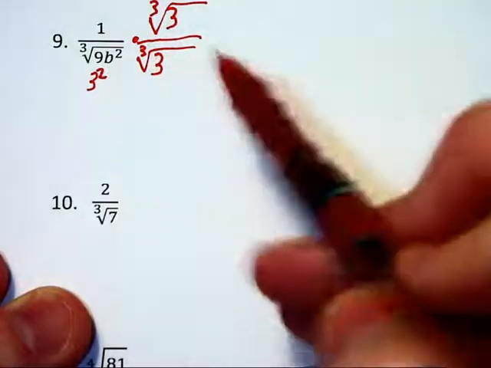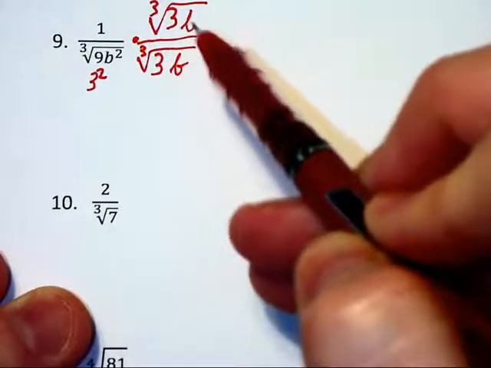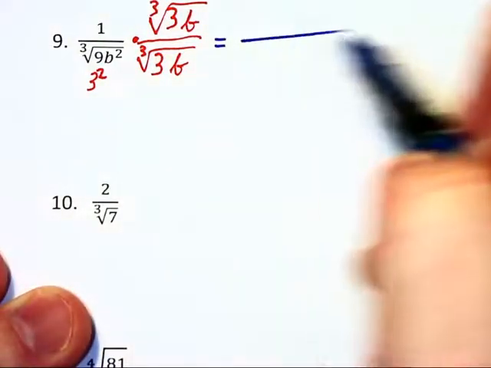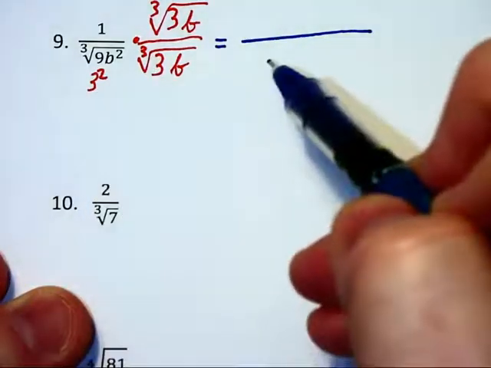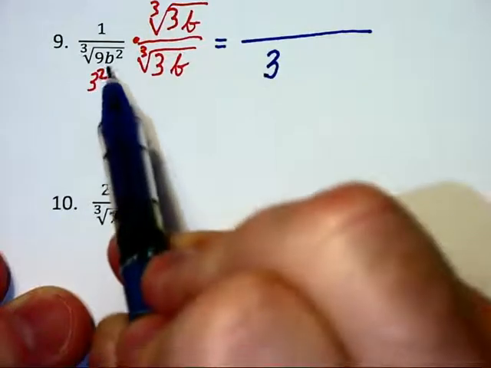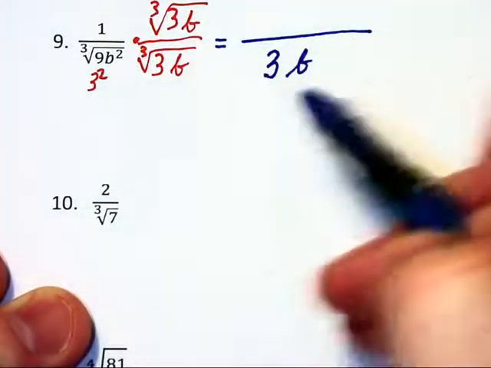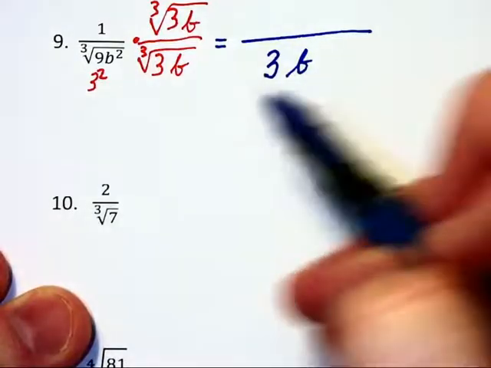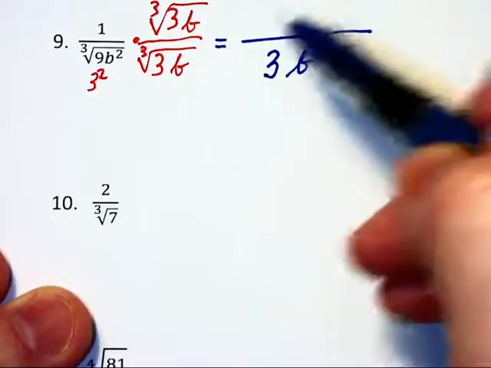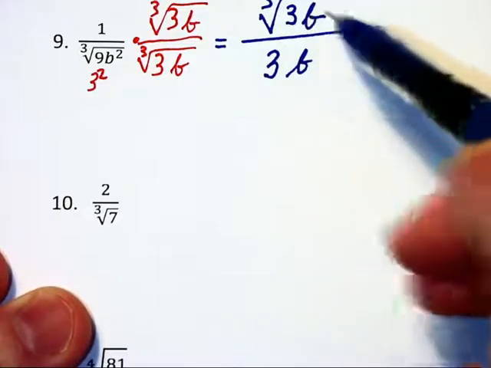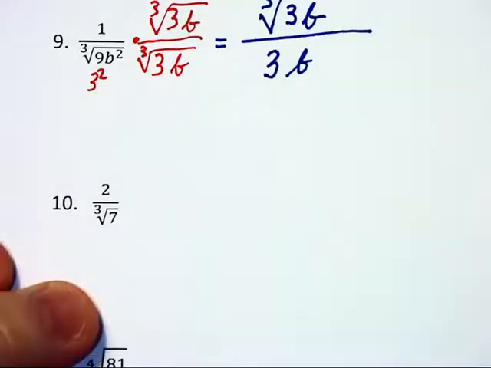I've got 2 b's, so I need 1 additional b to create a 3 of a kind. Now when I look at what I've got, the cube root of 27 is 3, the cube root of b cubed is b down in the denominator. We've rationalized the denominator. There's no irrational numbers down there. Our numerator is going to be the cube root of 3b, and no cancellation is possible.